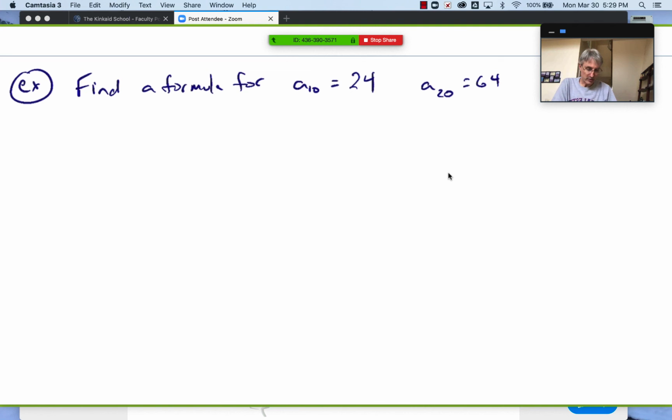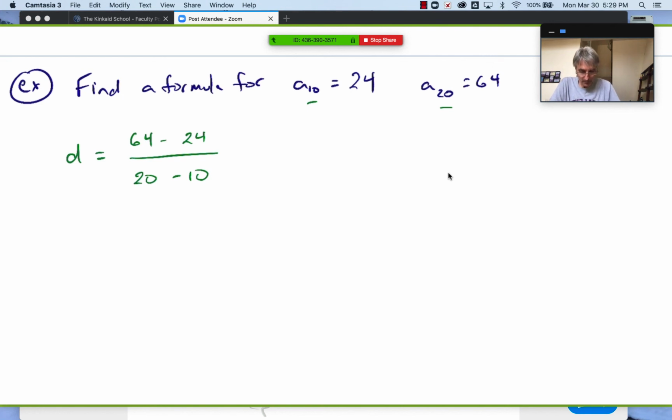And here's the trick, is that the constant difference, I can always find it by finding the difference between the terms in the sequence and dividing by the number of the terms.